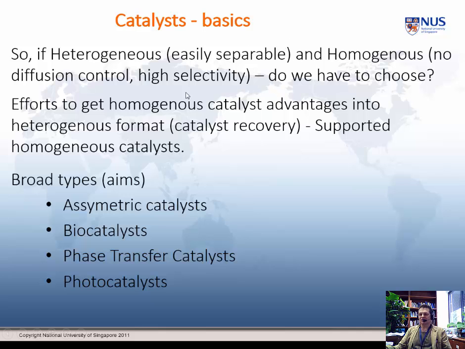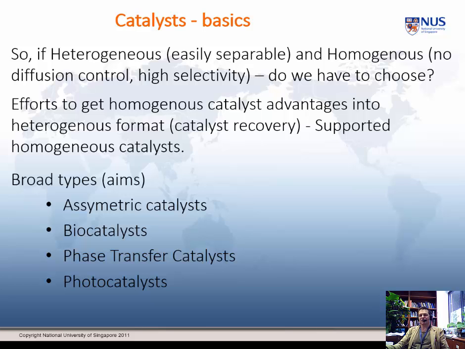We'll see later on that actually there have been quite a lot of quite successful efforts to get some of the advantages of homogeneous catalysts into a heterogeneous format so they can be recovered more easily. They're called supported homogeneous catalysts, and we'll deal with them more a little later.